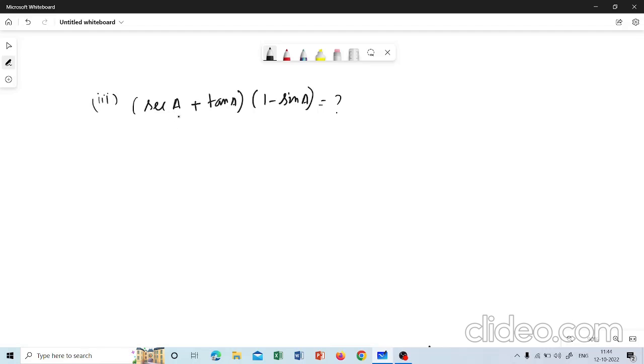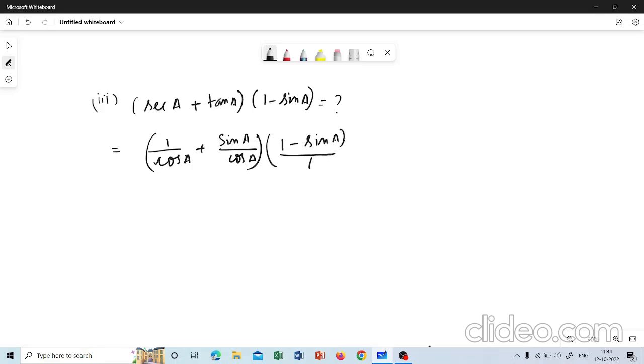So now again, I can directly write this in the form of sin and cos. So 1 by cos A plus sin A by cos A, into 1 minus sin A by 1.